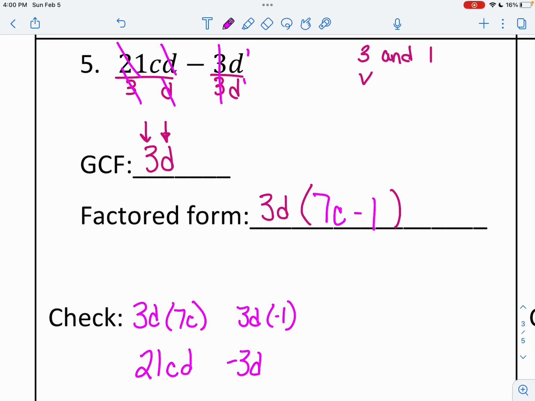Well, 1 divided by 1 is 1. M2 take away M1 is M1. N2 take away N1 is N1. Plus 5 when you divide by 1. M1 take away M1 is M0. Don't write it. And N3 take away N1 is N2.